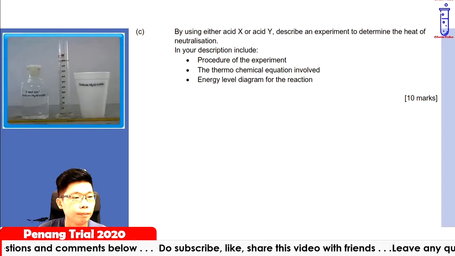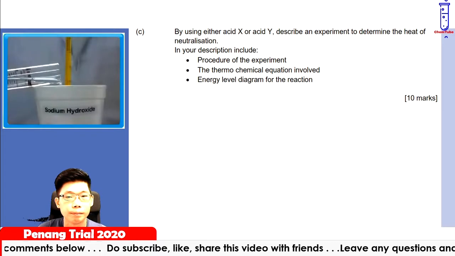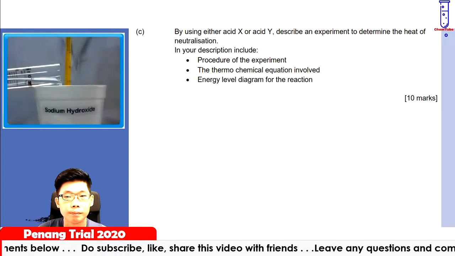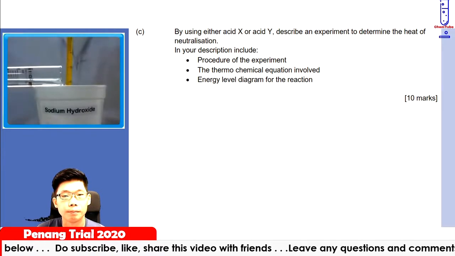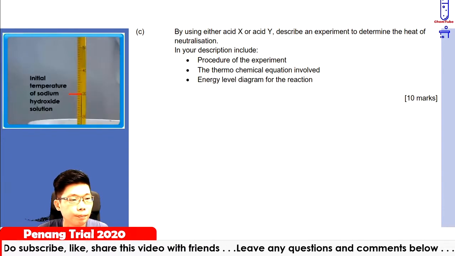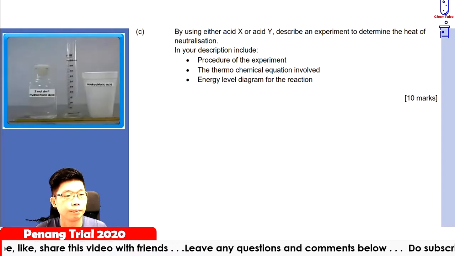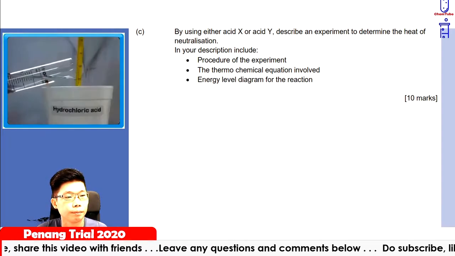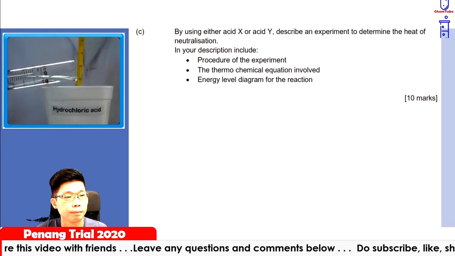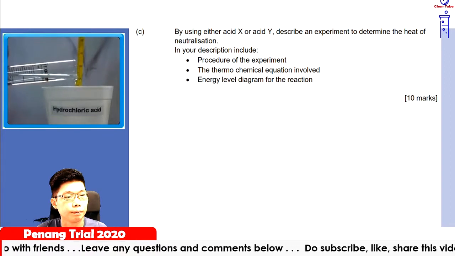50 cubic centimeters of 2 mole per cubic decimeter sodium hydroxide solution is poured into a polystyrene cup. The initial temperature of the solution is measured with a thermometer. Record the reading in the table provided. 50 cubic centimeters of 2 mole per cubic decimeter hydrochloric acid is poured into a polystyrene cup.